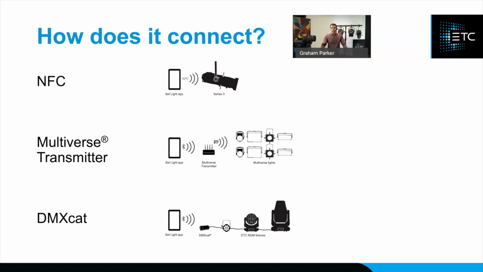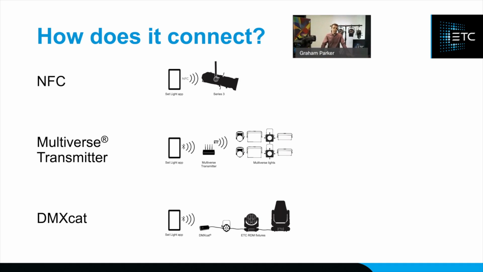So there's 3 different ways that we can connect to a fixture to make those configurations. Firstly, via NFC, so that's near field communication. We'll take a look at that in a moment. If you joined us for the multiverse session a little while ago with Tom, then you'll have seen that there are ways to connect via Bluetooth to the multiverse transmitter, and that's what we'll be connecting to with my phone in a moment, and allowing us to talk over the wireless connection there.